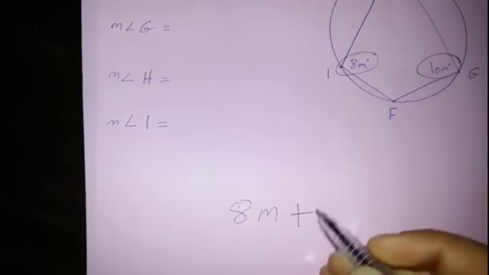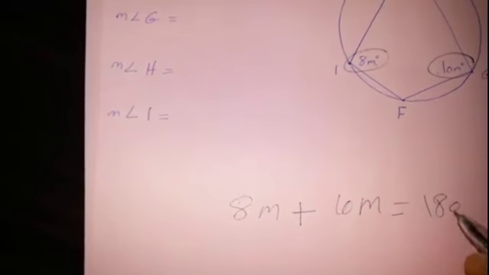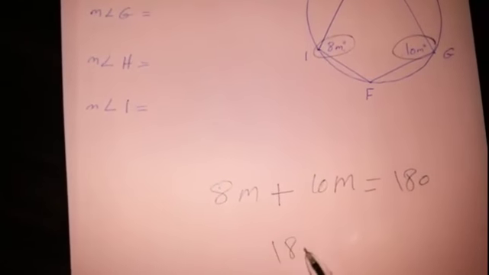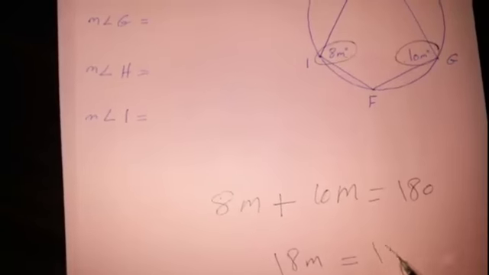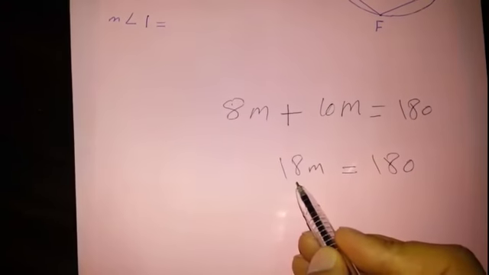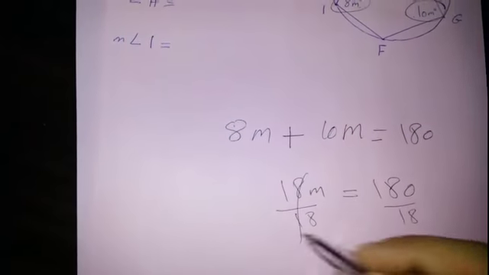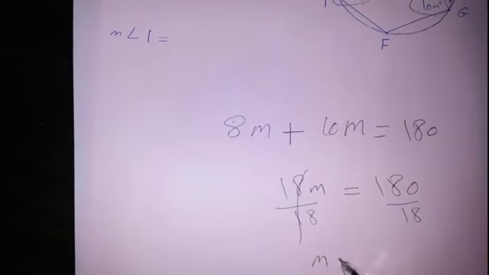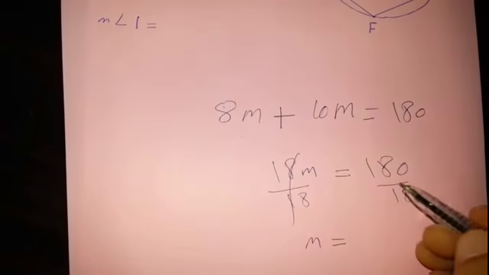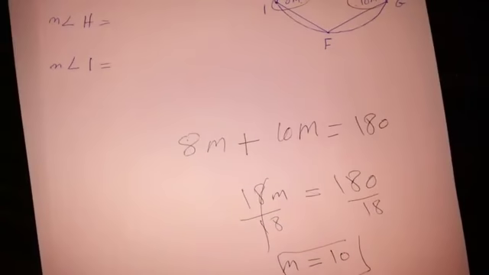So I make the equation 8m plus 10m equals 180. 8m plus 10m, 18m equals 180. What should I do to move this 18? Divide both sides by 18. Now m equals 180 divided by 18, which is 10.